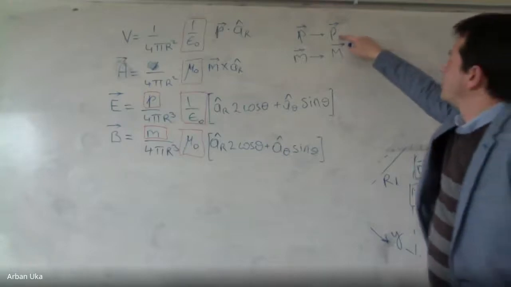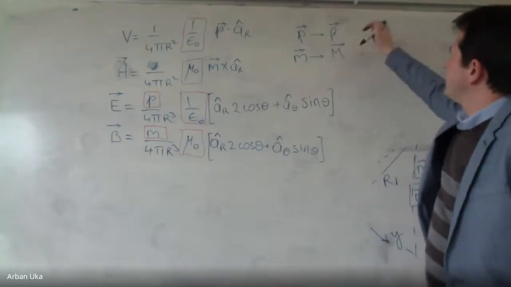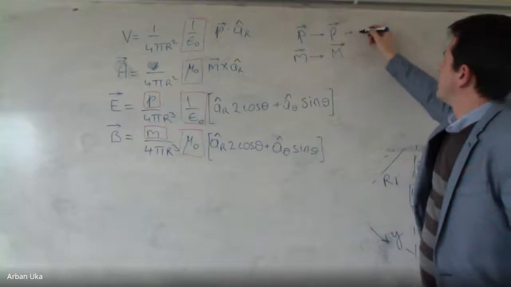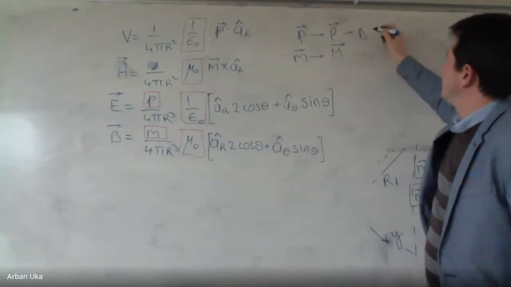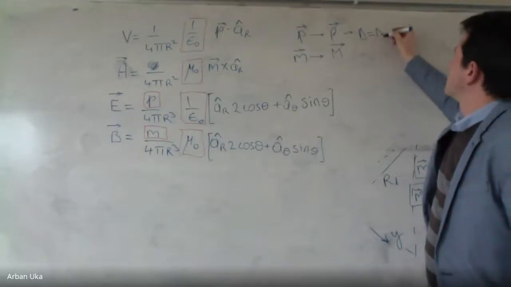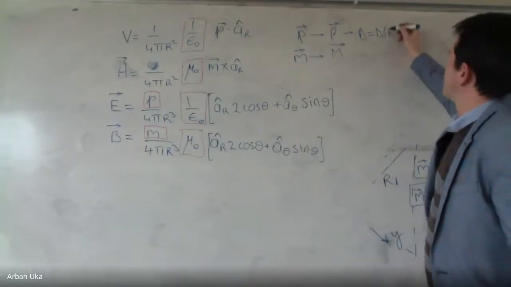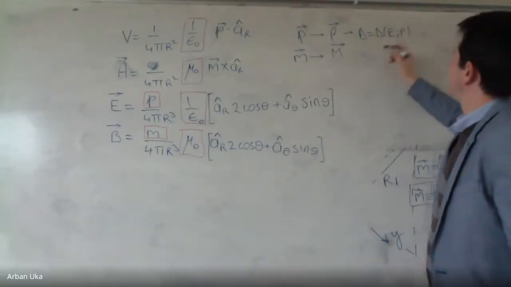Now, we find the polarization and the magnetization in these expressions when we write down the electric flux density, which depends on the electric field and the polarization.